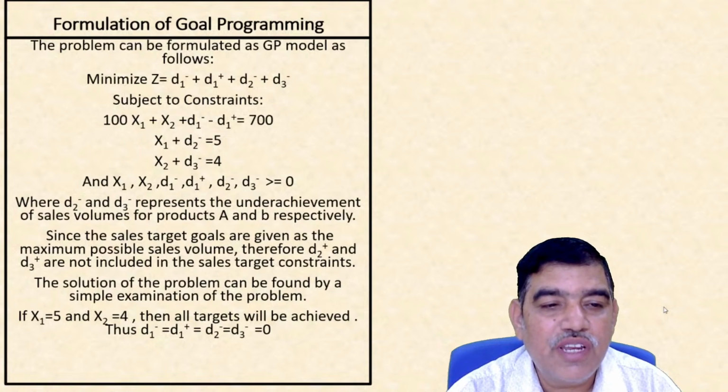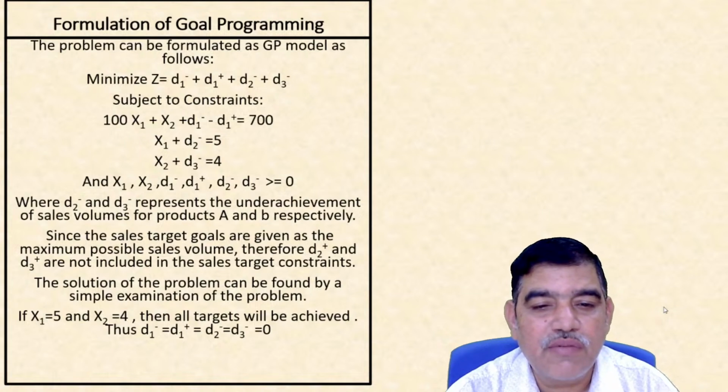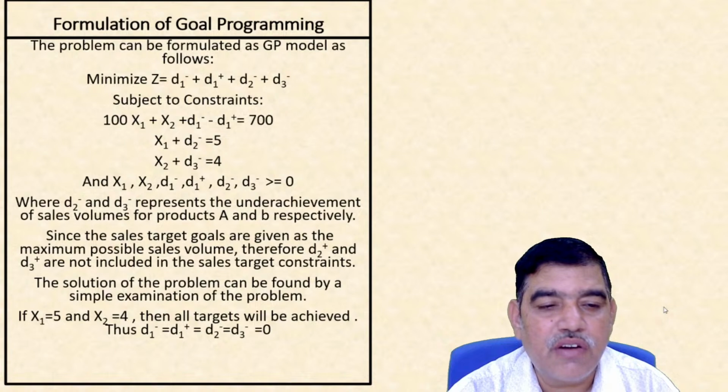So D2 negative and D3 negative represent the underachievement of sales volume for products A and B respectively. Since the sales target goals are given as the maximum possible sales volume, D2 positive and D3 positive are not included in the sales target constraints.